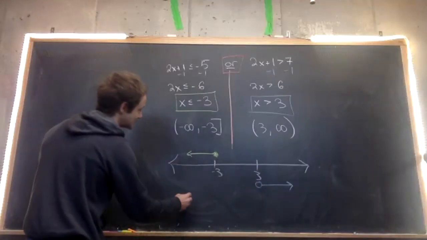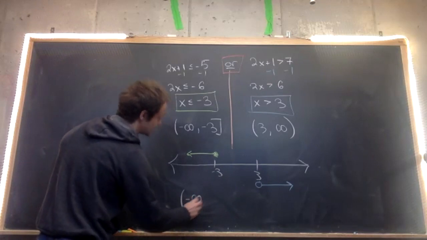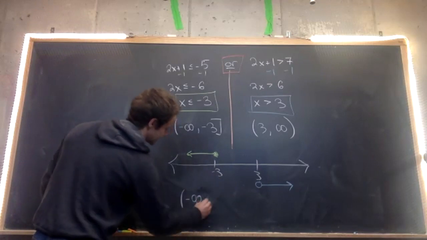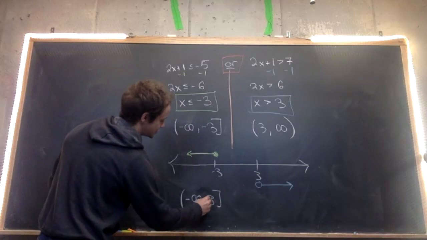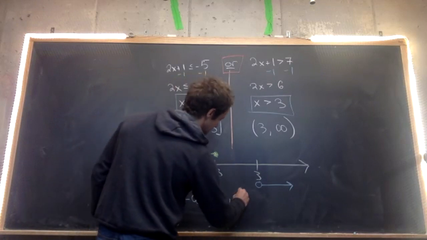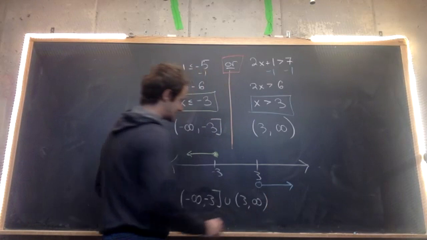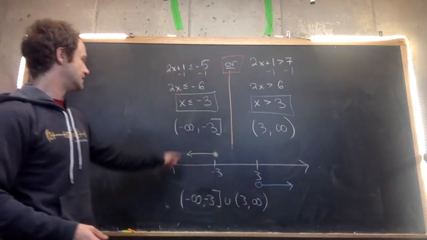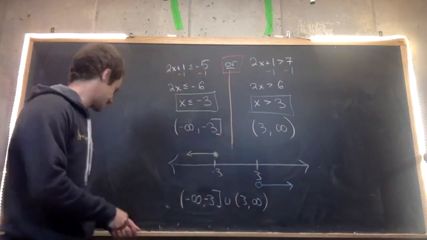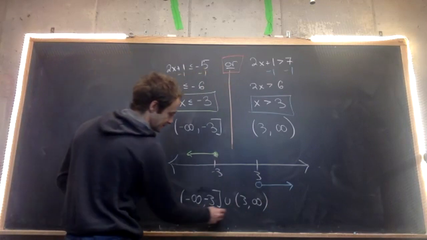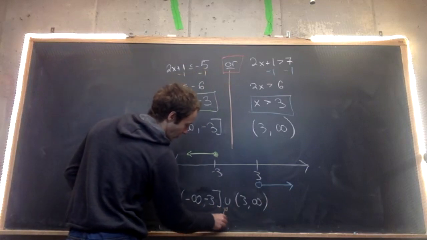So our solution can be written all at once as the two intervals with a union between them, -infinity to -3, union 3 to infinity. That's how you finish it off. You've got this one or this one. You can always think about this union as being an or statement.